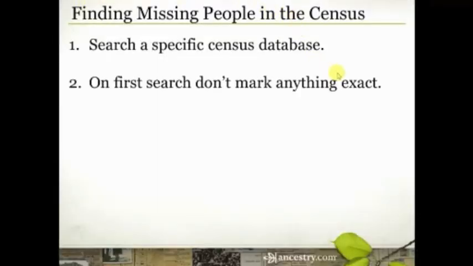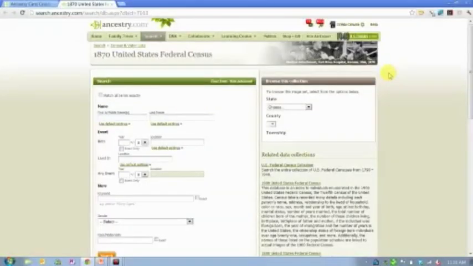Tip number 2, on first search, don't mark anything exact. I know it's really tempting to say, I know that my great-great-grandfather was born in this specific place, right? But the problem with that is that when you mark that exact, you're limiting yourself, because keep in mind again that they could have been told incorrectly, whether on purpose or on accident.